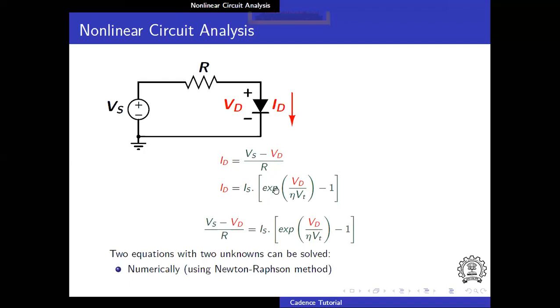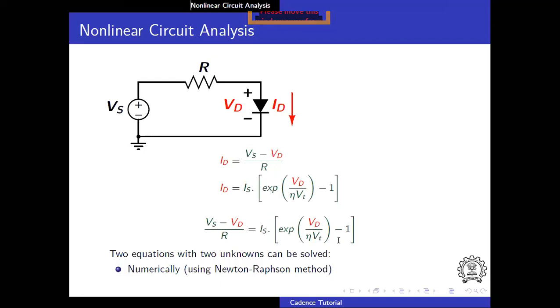As you can see, in the above two equations, if you want to eliminate ID, on the left we have VD, and on the right we have the exponential of VD. So it is not possible to simply get the solution for VD directly. We need to iterate.